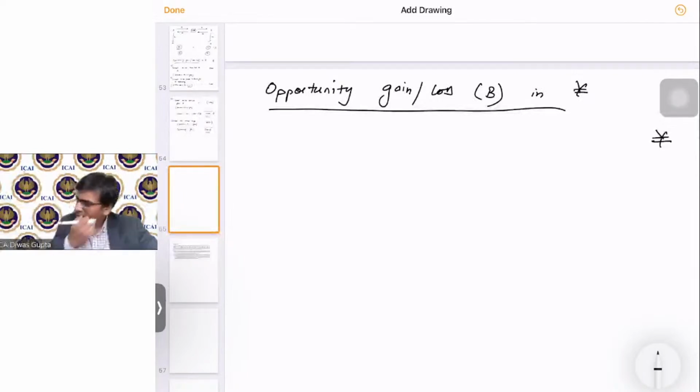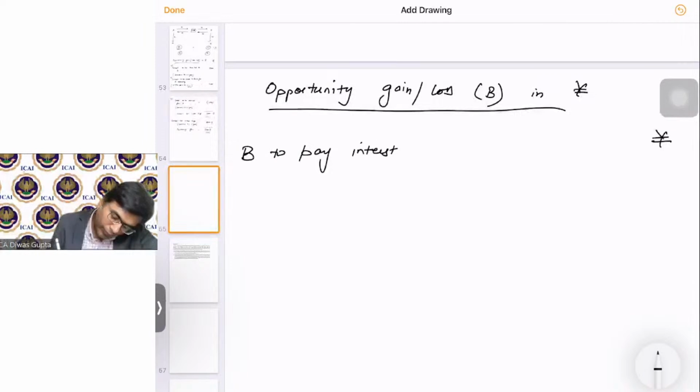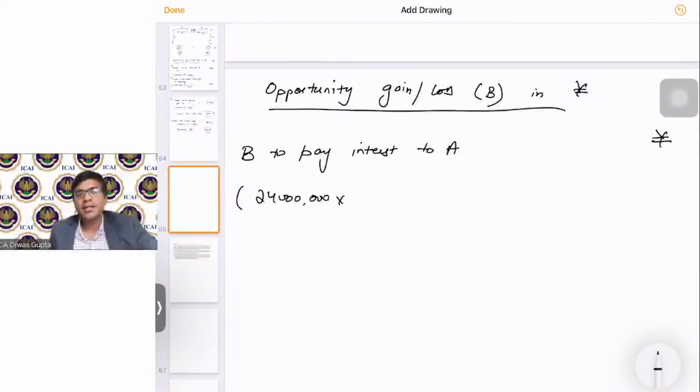So first of all, B to pay interest to A, 24 million. On that, B has agreed to pay 6% for 1 year.